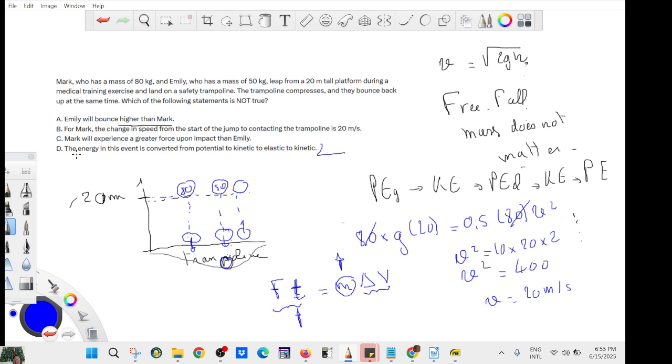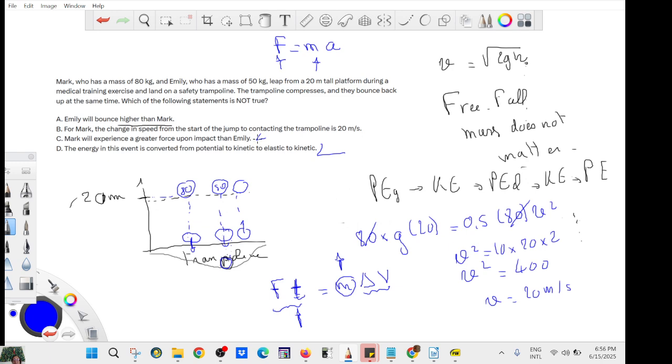So of course, Mark will experience a greater force upon impact. That will be true, because remember, force equals the mass times the acceleration. If you have a large mass, you expect a large force. It needs more force for the trampoline to stop Mark than to stop Emily.